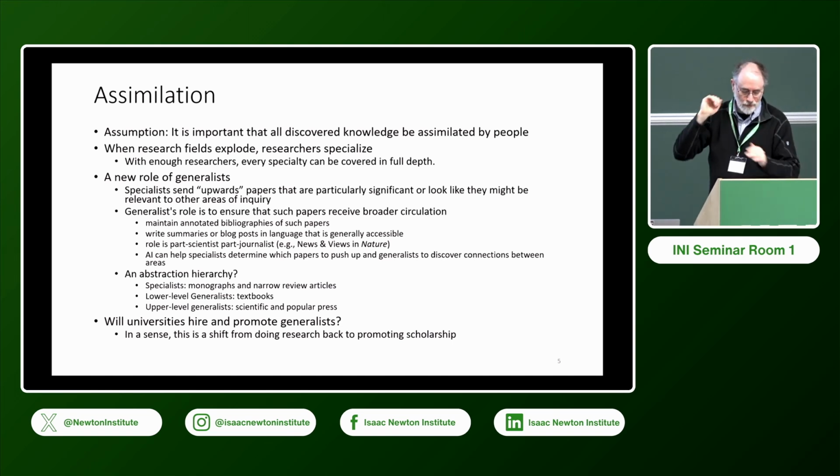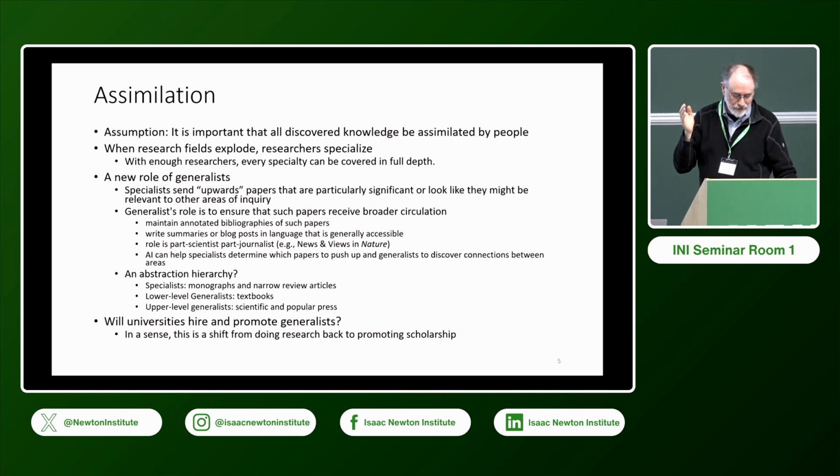But maybe we need more levels there, and maybe AI tools can help us. But I think we also need to think about the incentive structures for what all those different academic roles might have.